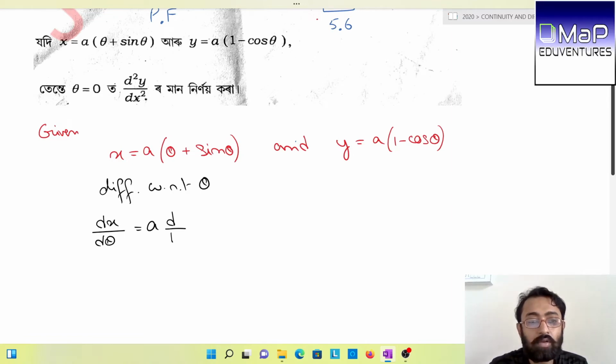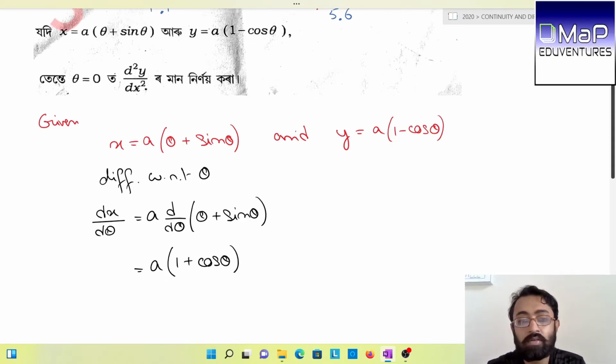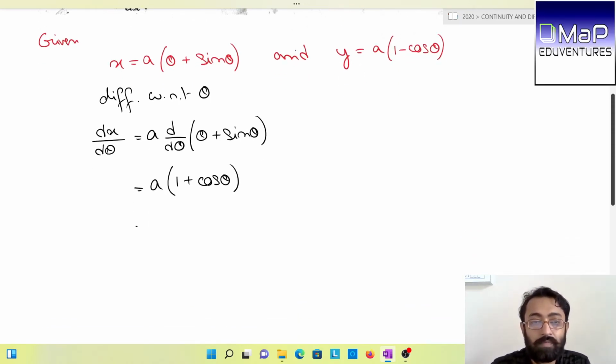Here a is constant, so I take a outside. Now d/dθ of (θ + sin θ) will give you how much? 1 + cos θ. d/dθ of θ is 1 and d/dθ of sin θ is cos θ. Now don't stop here, because 1 + cos θ gives you a formula of 2cos²(θ/2).